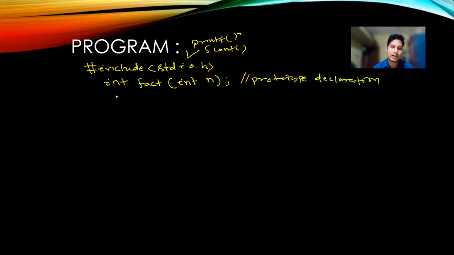Okay, so now void main, opening curly bracket start, int, suppose a comma factorial semicolon.